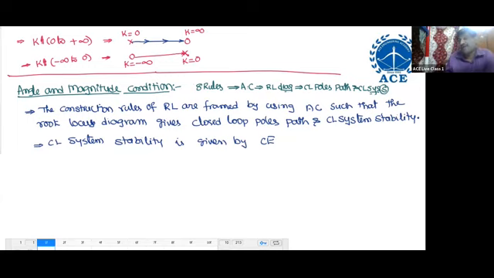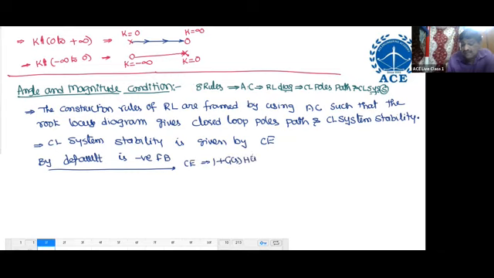Positive feedback, another one negative feedback. So what is the characteristic equation? In general, by default it is negative feedback. That means the characteristic equation is 1 plus G of s H of s equal to 0.